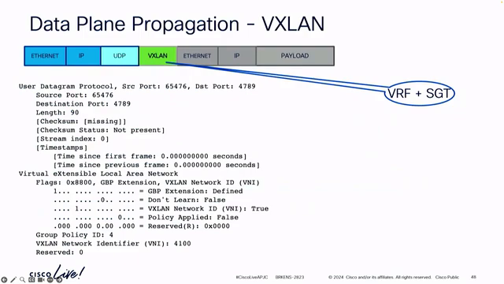This is a representation of data plane propagation, just like how I showed you that in inline tagging, we have SGT encoded into CMD. In the case of VXLAN, you can see we have a VXLAN header, and within the VXLAN header, we have the group policy ID, that is our SGT value.